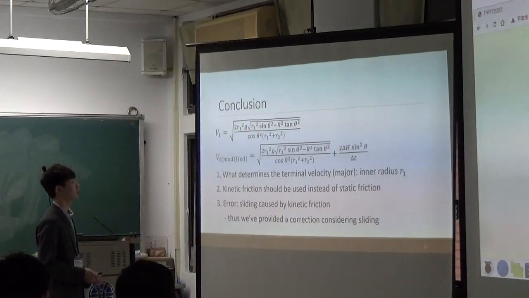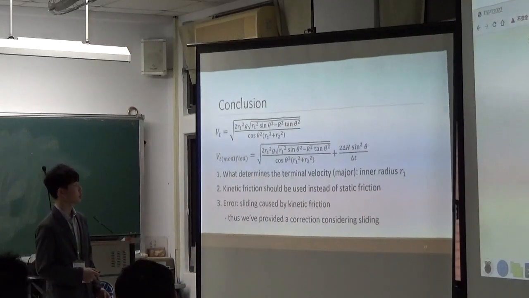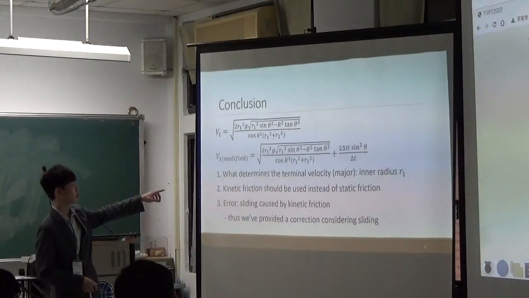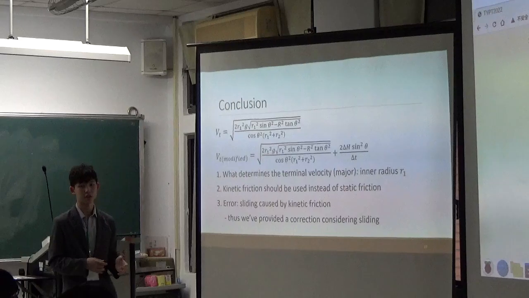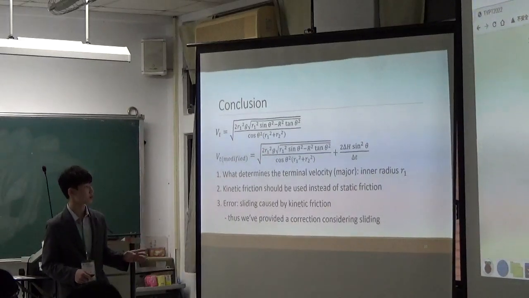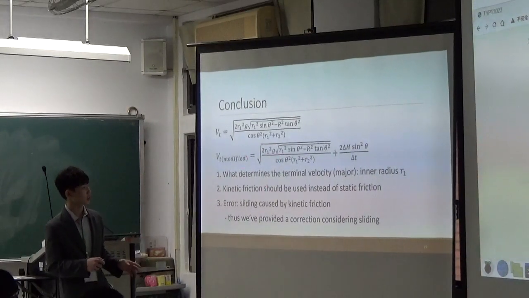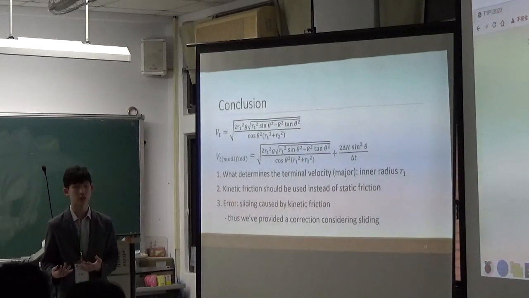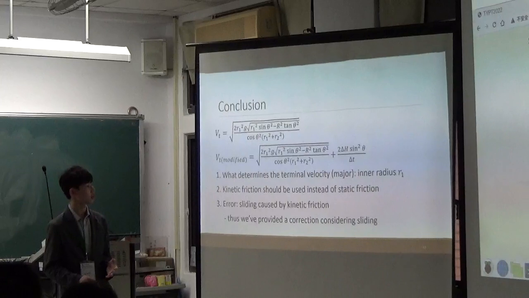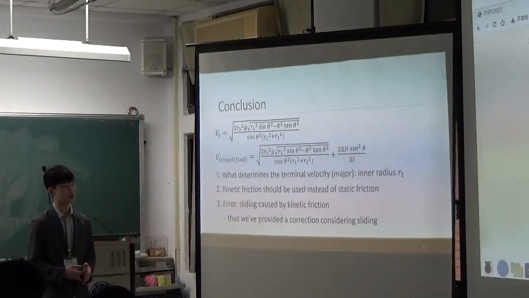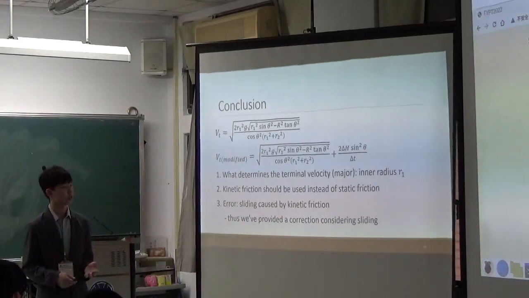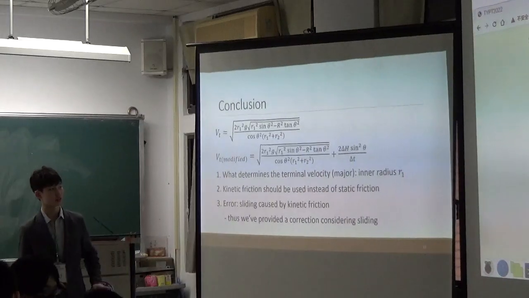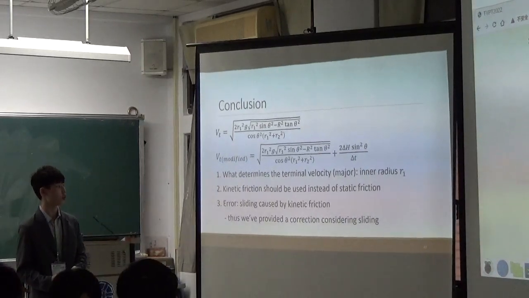So here comes to the conclusion. The formula on here is our theoretical formula, and on the second line is the formula after the correction. What determines the terminal velocity the most is the inner radius, which is R1.